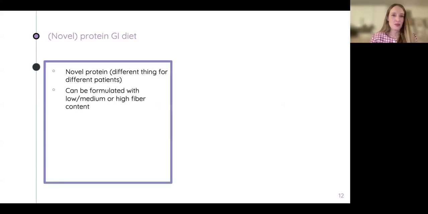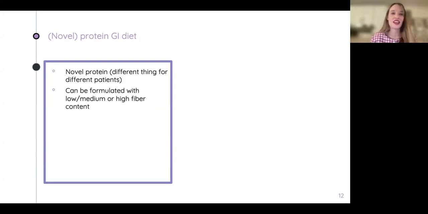So let's explain a bit about novel protein gastrointestinal diets. Those diets would have a protein that the dog hasn't come into contact with in its life, but that would mean different things for different patients. For example, if a dog hasn't been eating anything with rabbit, that would mean that it is a novel protein for it.